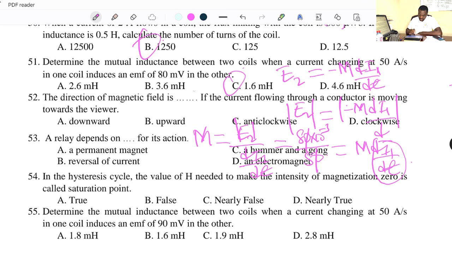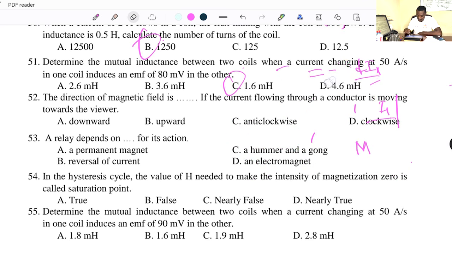Okay. Now, moving on to the next question. We have question 52. The direction of magnetic field is, thus, if the current flowing through the conductor is towards the viewer.